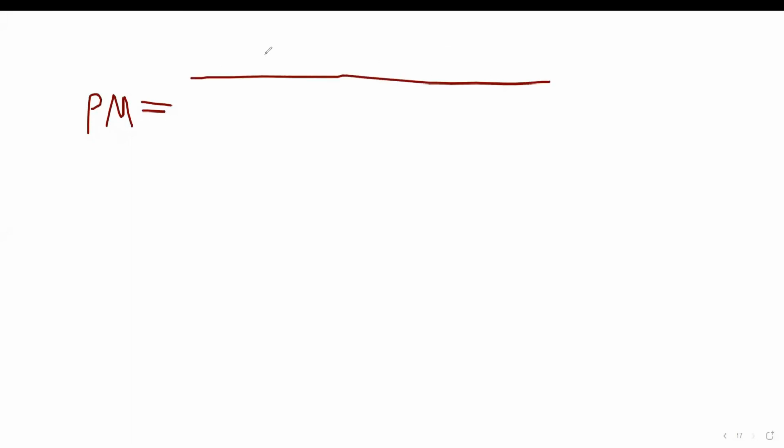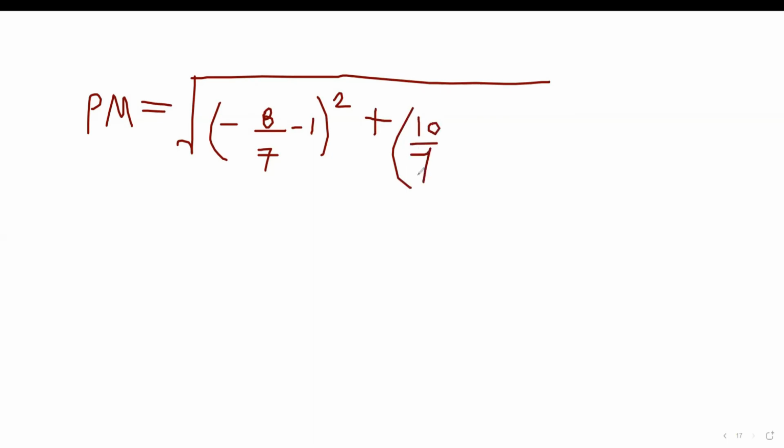It's the square root of x1 minus x2, where x1 is minus 8 over 7, minus x2, the x value at P is 1, squared, plus y1, the y value, 10 over 7, minus y2, minus 10, all squared.